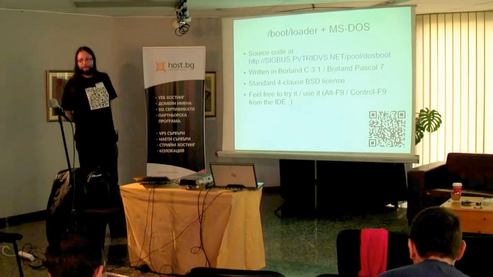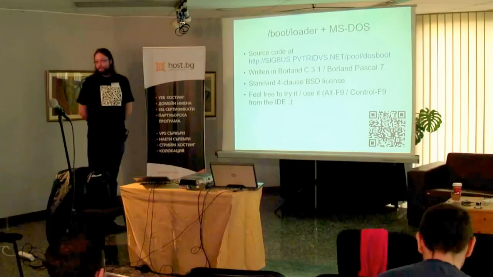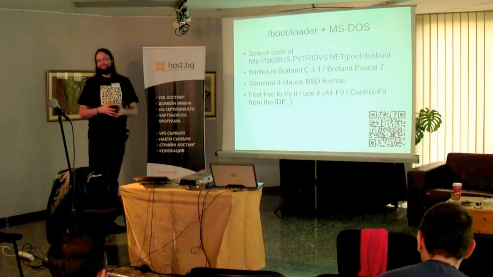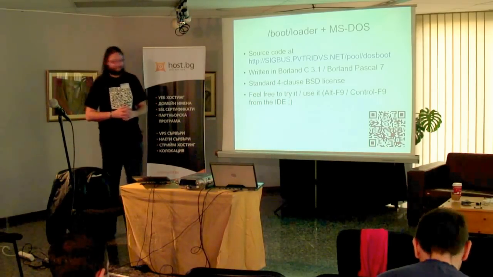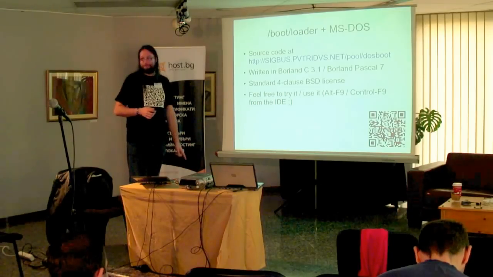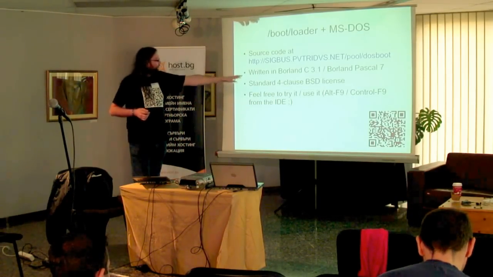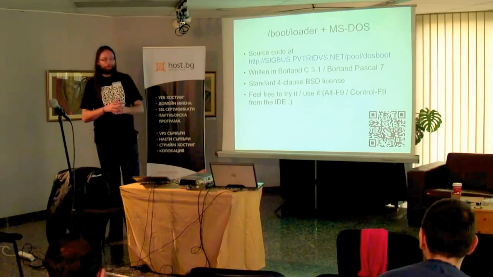It works. And the license is Berkeley license, the 4-clause one. I'm sorry, I don't like the 3-clause one. Use it. If you don't remember, Alt F9 or Control F9 is the very sequence you have to issue from your IDE.